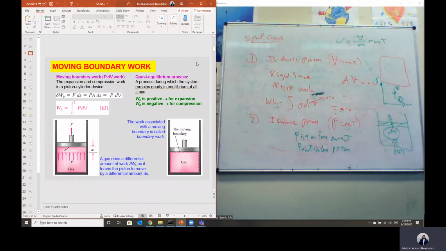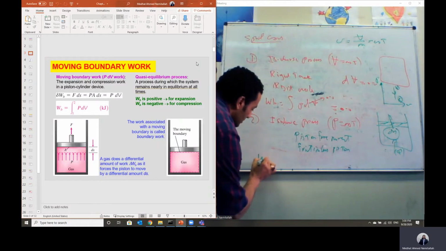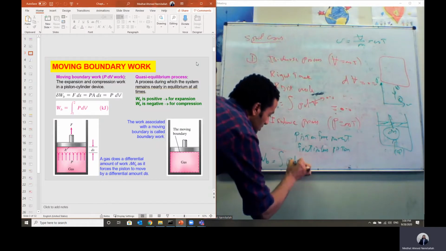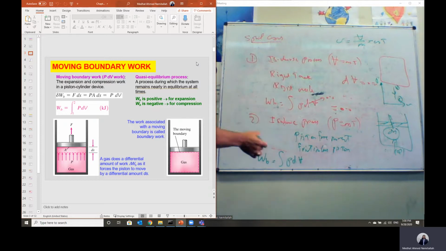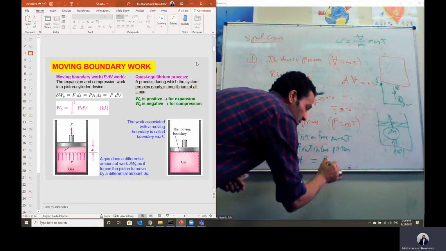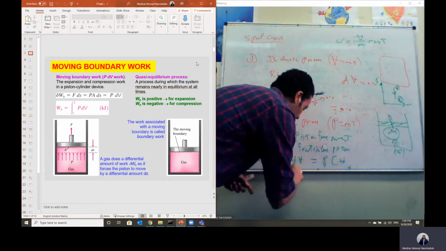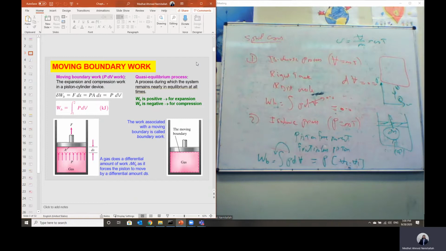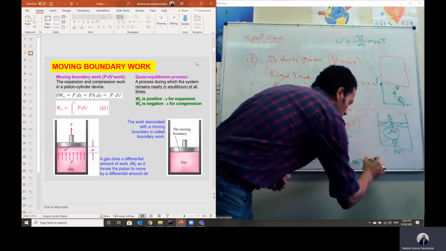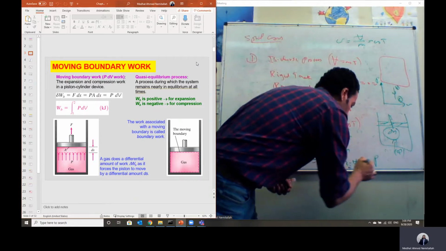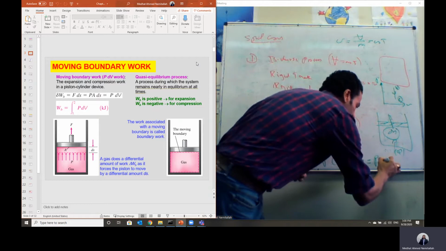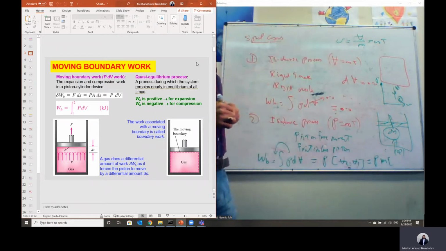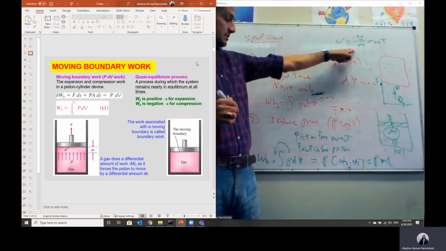Now let's see how we can calculate the boundary work in this case. The boundary work is equal to the integration of P dV. We said pressure is constant, so we can take it outside. It equals the pressure multiplied by the integration of dV, so it equals P times (V2 minus V1), the total volumes. Or we can take the mass common, as this is a closed system and mass is constant.